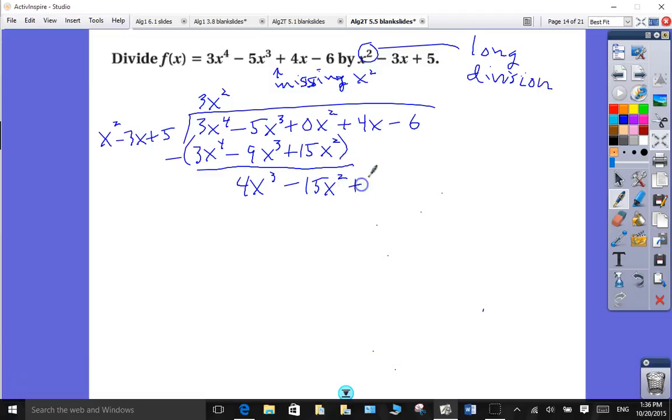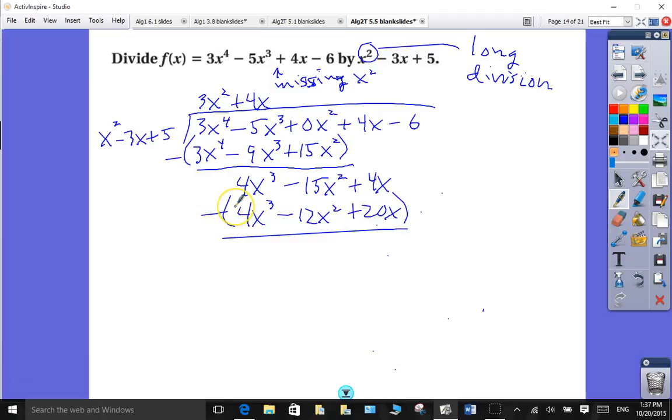Now I've got to bring down a 4x. How many times does x squared go into 4x to the 3rd? 4x, so that's a plus 4x. And that'll give us 4x to the 3rd minus 12x squared plus 20x.